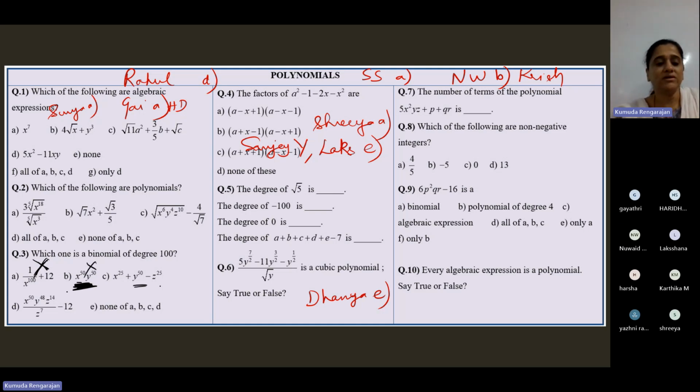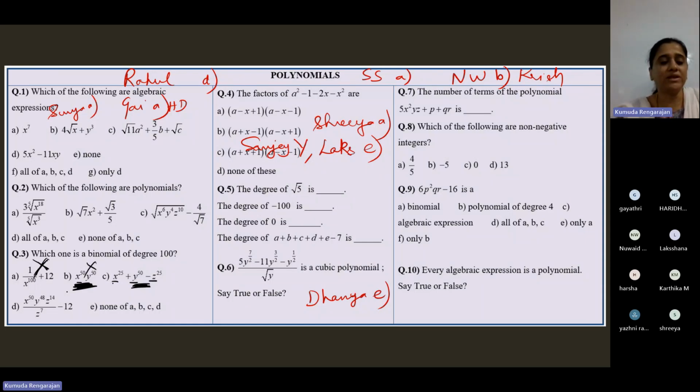What about this? Is it a polynomial? It's a trinomial, ma'am, but it's not a binomial. Yes, this one is a polynomial because the powers of the variables x, y, and z are whole numbers.